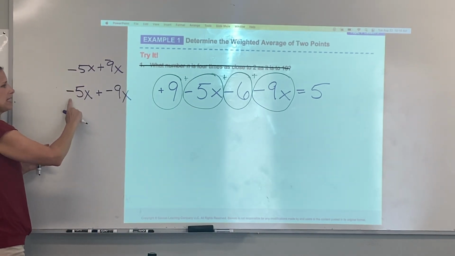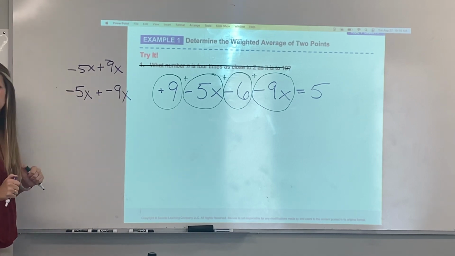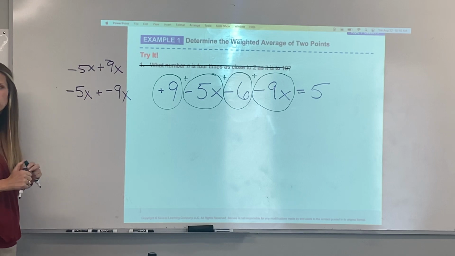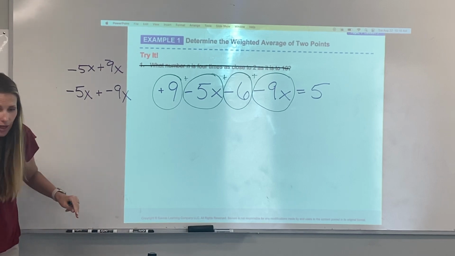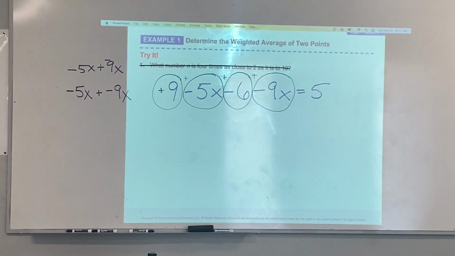What is negative 5x plus negative 9x? Do you remember the rules? Say it loud and say proud. You got the sign right for sure. Negative 14x. Very good.